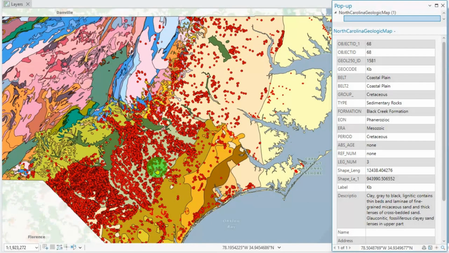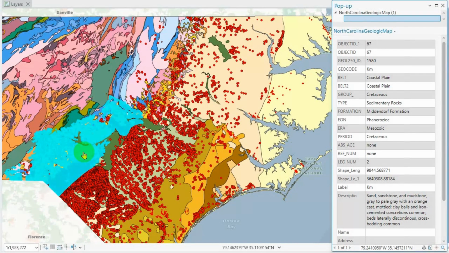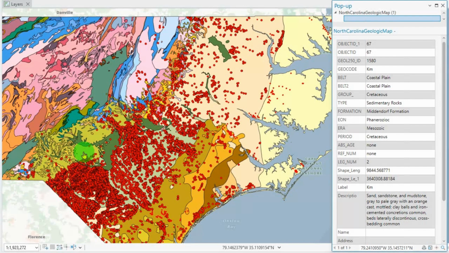has the most bays in it, and that's called the Black Creek Formation, and that has 6,654 bays located in it. The next formation is called the Middendorf Formation. That has 2,482 bays in it.